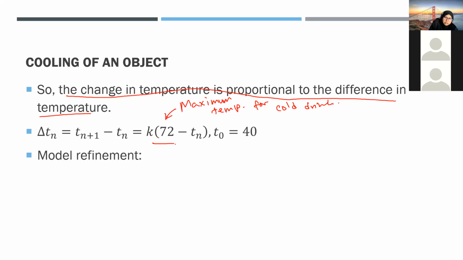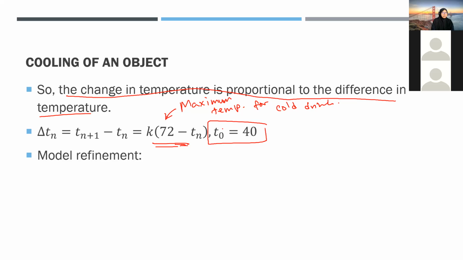Okay, and you can see that it is some constant K times the change in the temperature, and then the starting T naught is equal to 40. And model refinement. What can you refine on this model? Apa yang kita boleh refine?